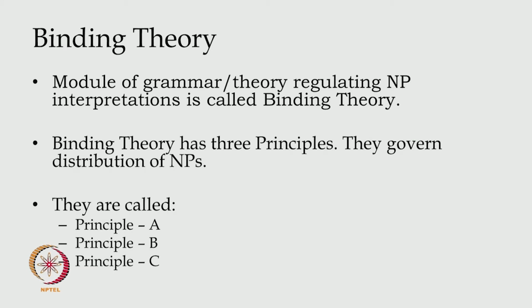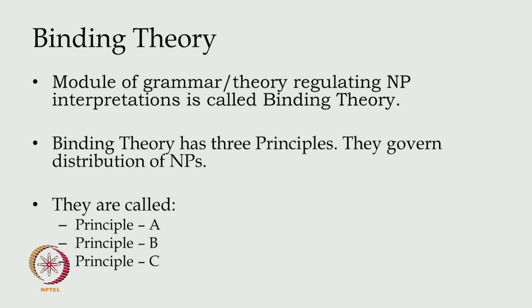Now, I have already told you about this. I wanted to talk about this a little later, but it's important to at least refer to this part: a particular module of this theory which regulates noun phrase interpretations is called binding theory. Okay?